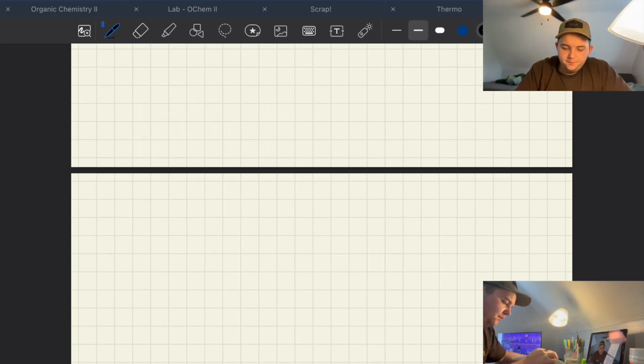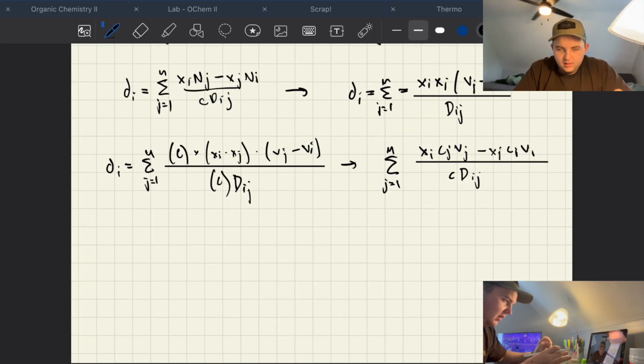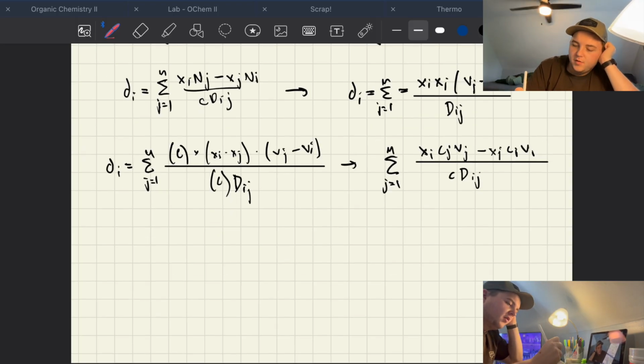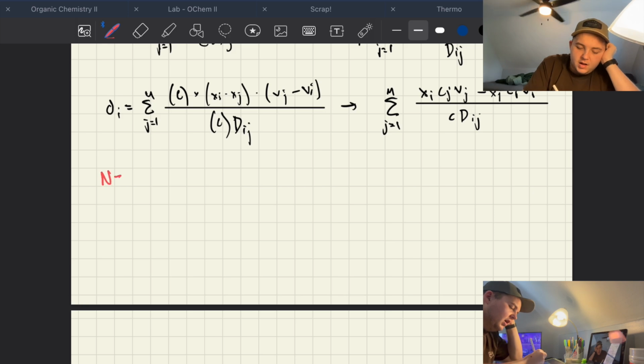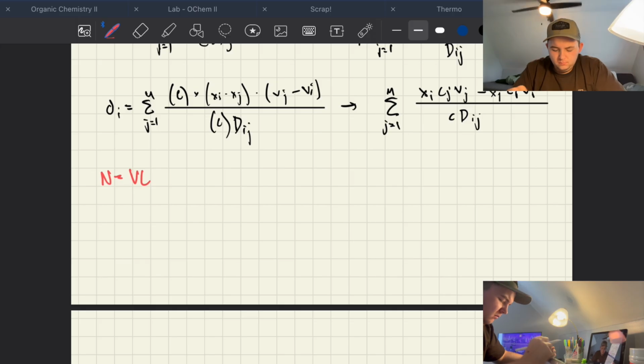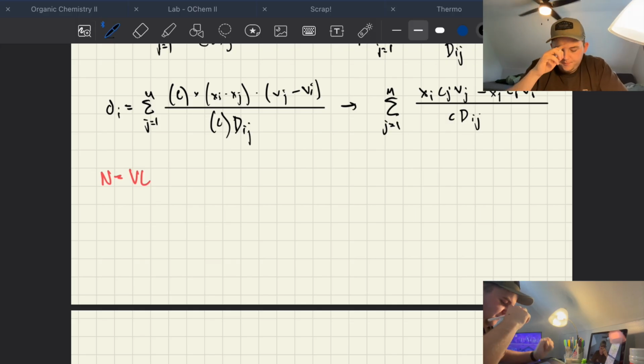And knowing that we know from previous videos that N is equal to vc, we can add individual components and find what we're looking for.